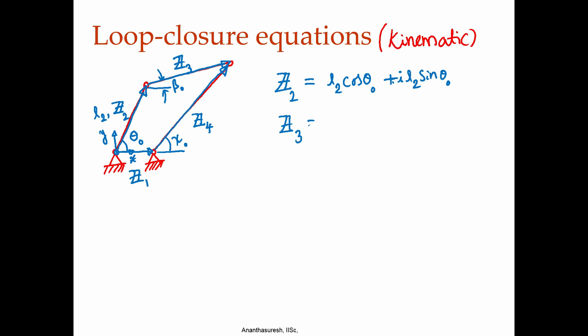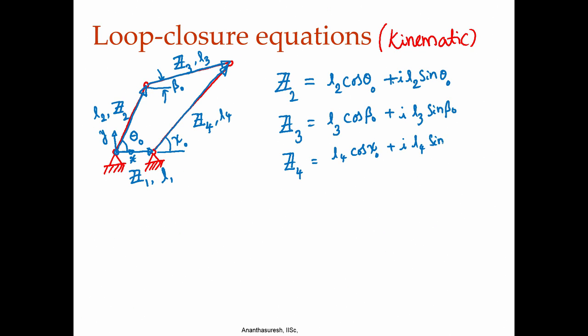So, we can write Z3, if I indicate this length by L3, this is L4 and this is L1, I can write Z3 as L3 cosine beta naught plus i L3 sine beta naught, and Z4 as L4 cosine psi naught plus i L4 sine psi naught, and Z1 is easy because it is just L1, and there is no imaginary part because there is no y component for Z1 vector.